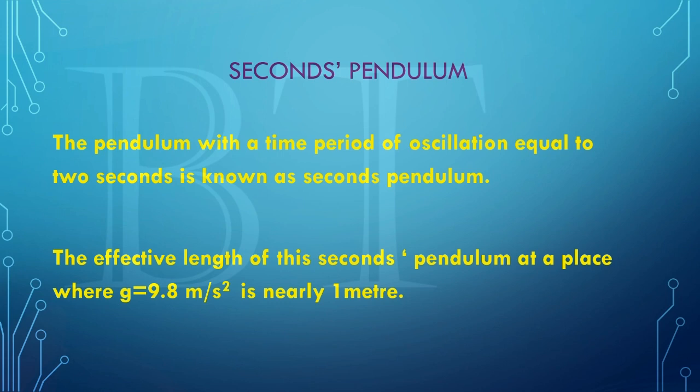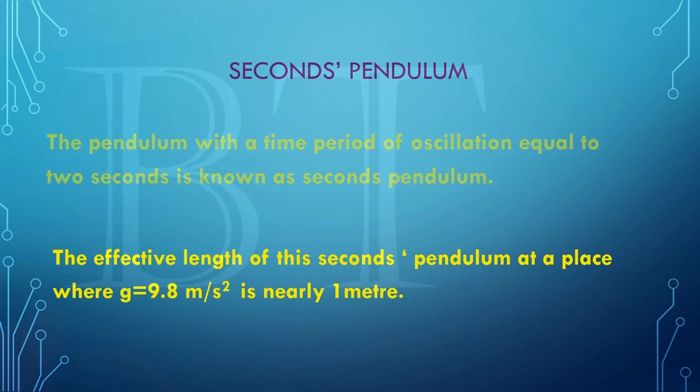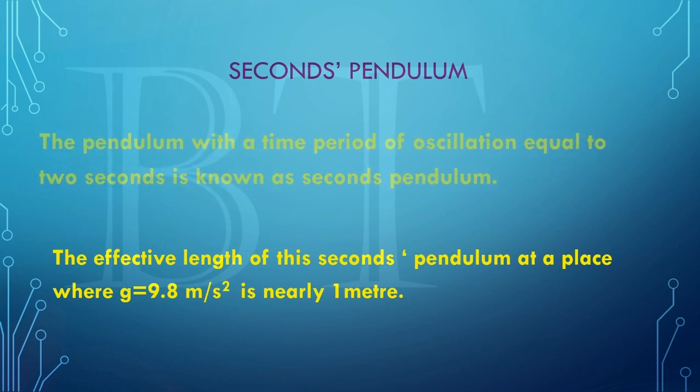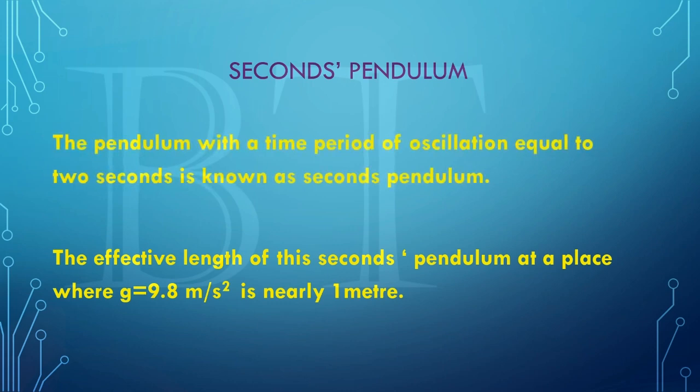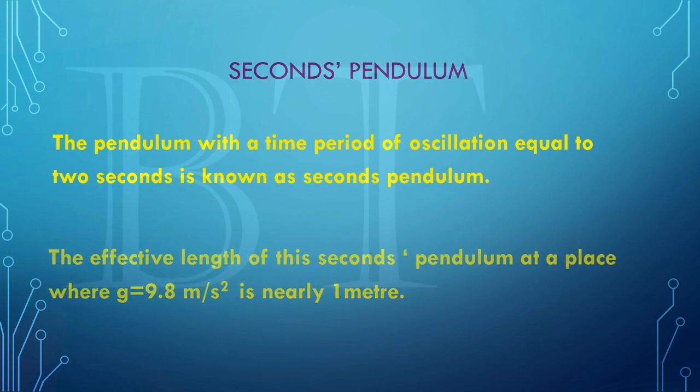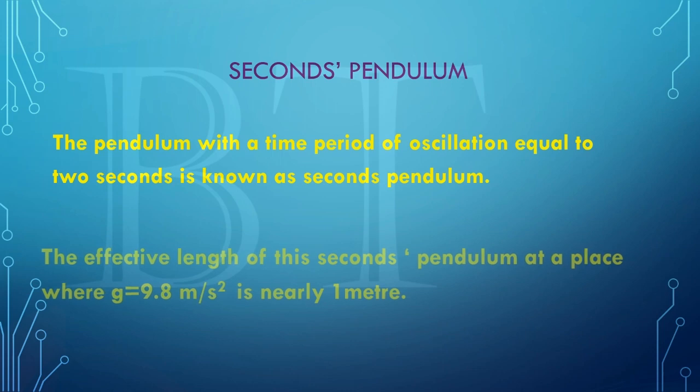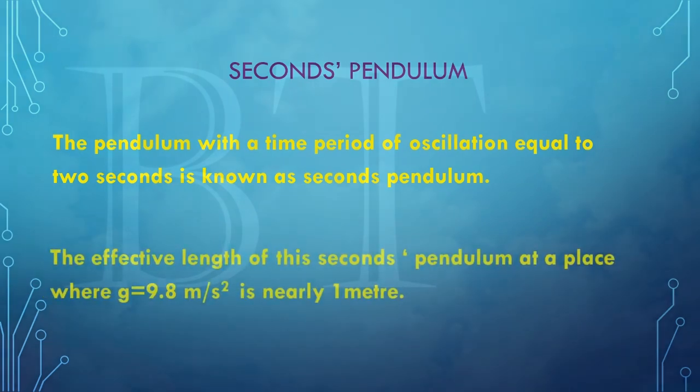In such a pendulum, the effective length is nearly 1 meter if the value of g at that place is 9.8 meters per second squared.